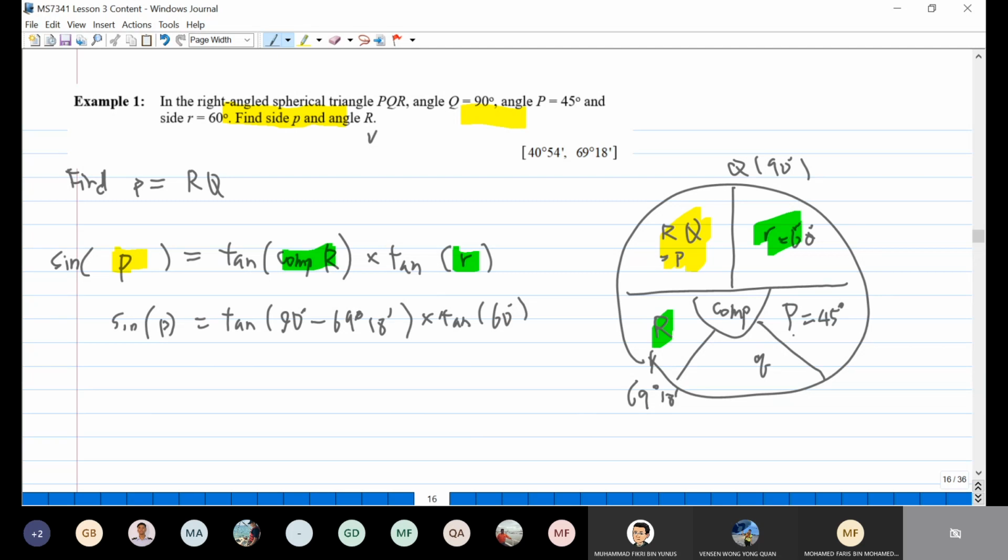All right, so let's see what you get now. This is actually 0.654487. So P is equal to sine inverse of 0.654487. So shift sine inverse of the answer, you get 40.88 degrees.